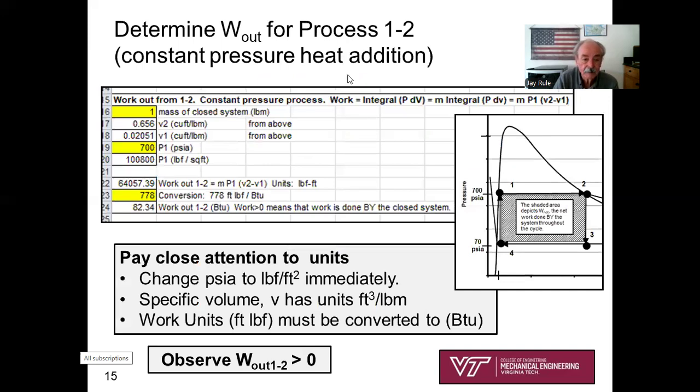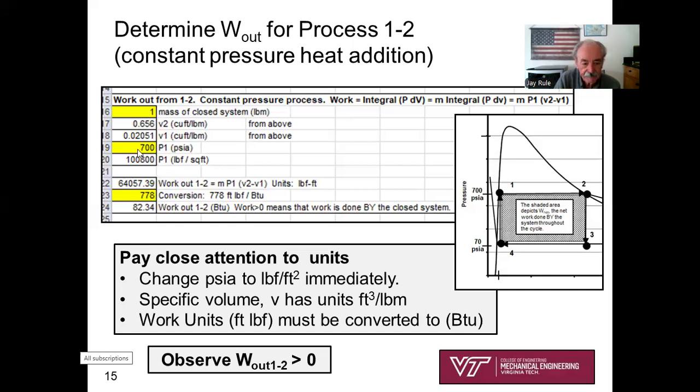Now I'm going to determine, and let's remember how we planned our work. We start with process 1 to 2, and we start with the work out, the integral of PdV. I'm going to write down, given the mass of the closed system, 1 pound mass. V2 and V1 I wrote down from above. The integral of PdV at 700 psi. I entered 700 pounds per square inch, but I'm going to immediately transform that to pounds force per square foot, because I can plan ahead and I know I need to be working in pounds force per square foot to get my units straight.